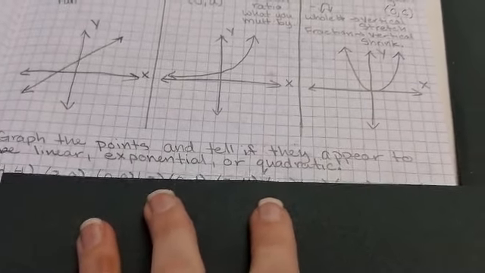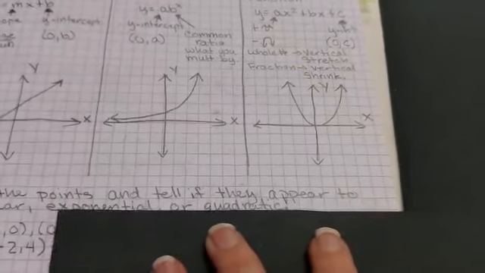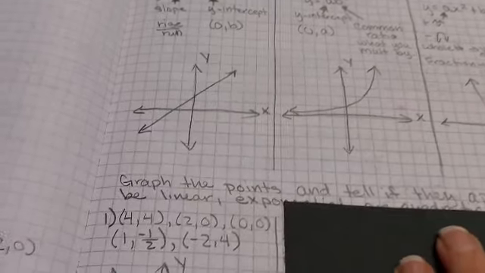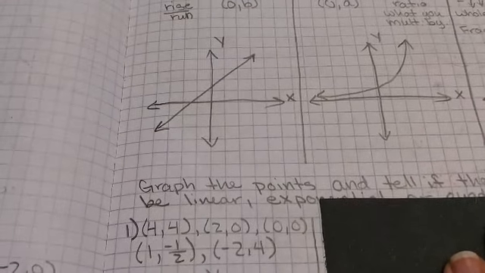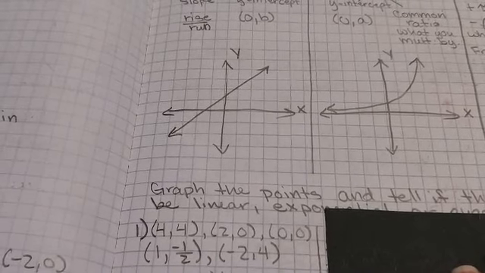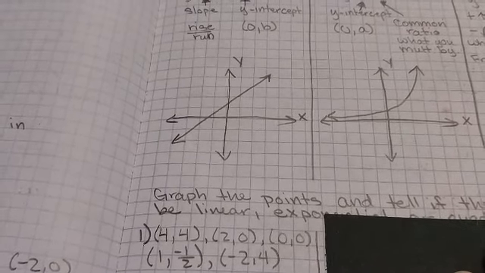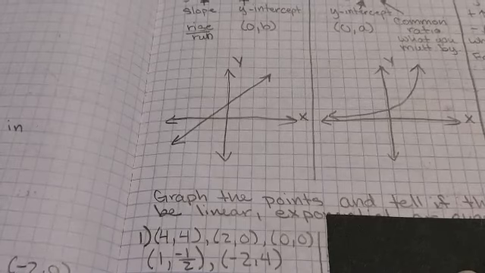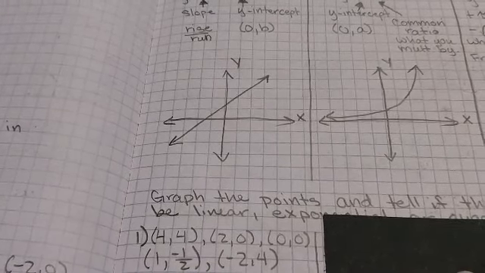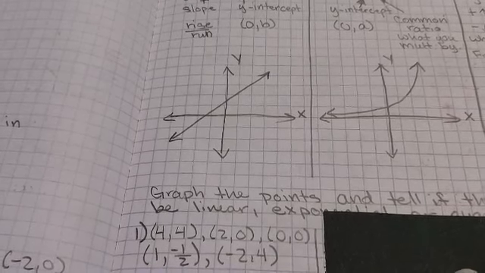So our first set of points. So right here, number 1, we have (4, 4), (2, 0), (0, 0), (1, -1/2), and (-2, 4).